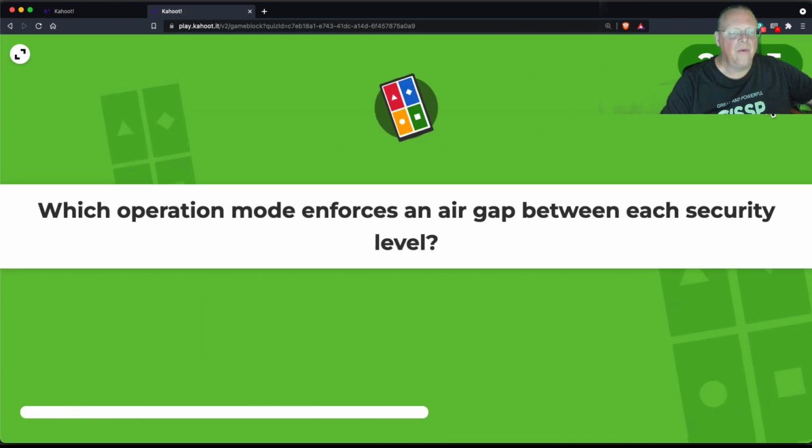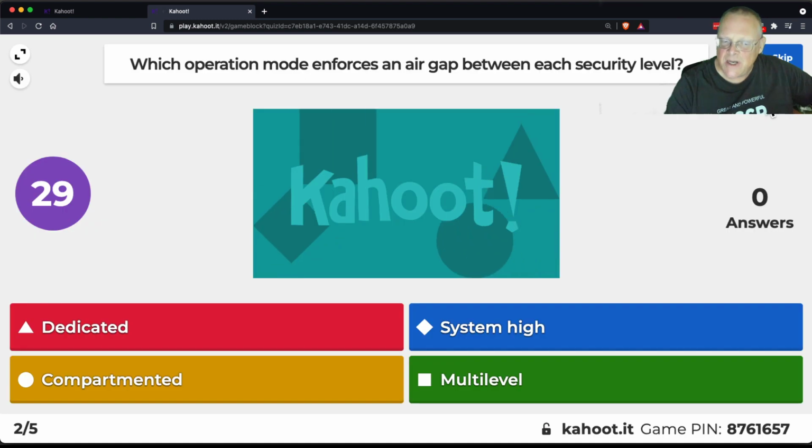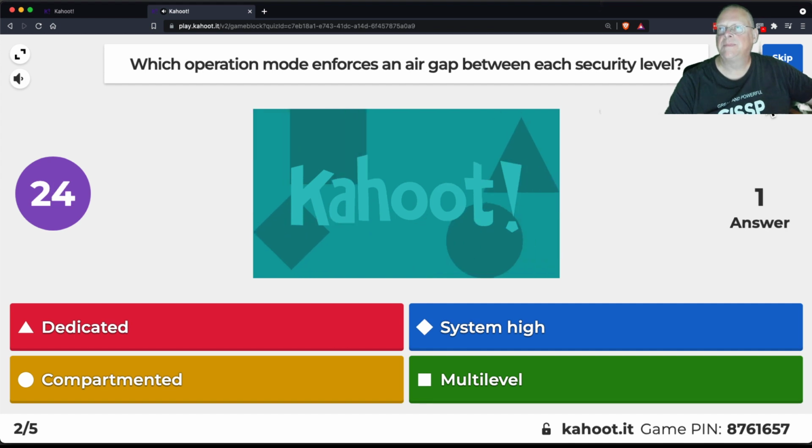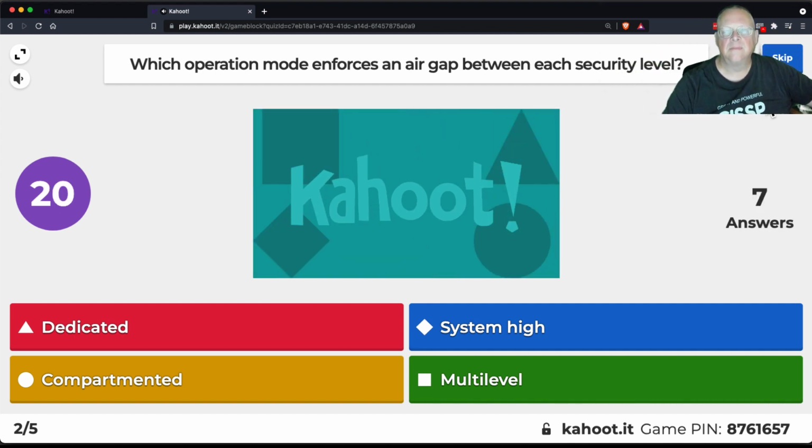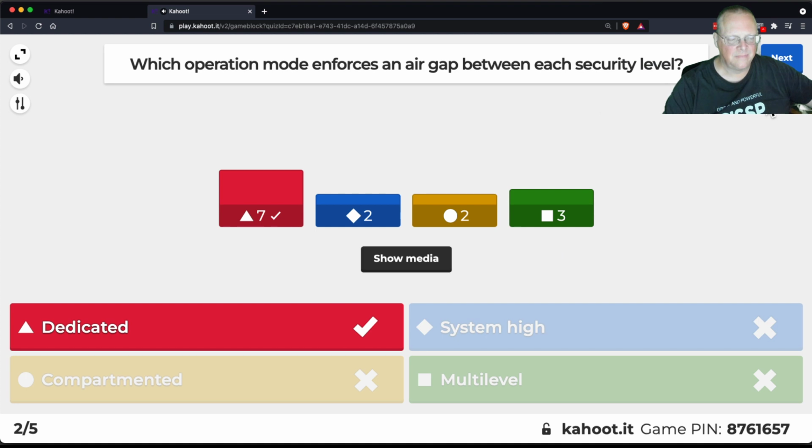All right, so which mode enforces an air gap between each security level? That's dedicated.